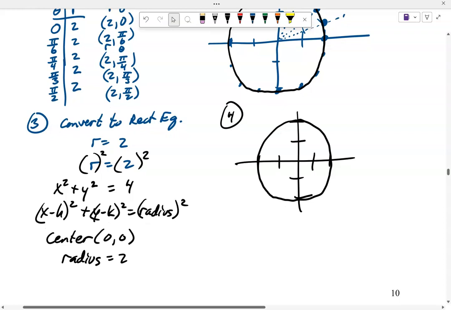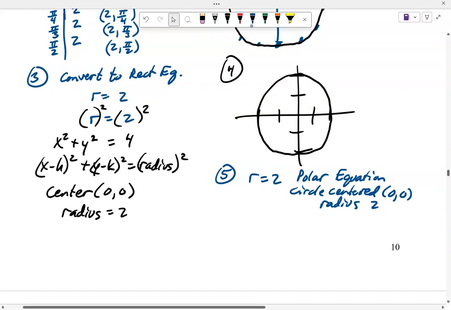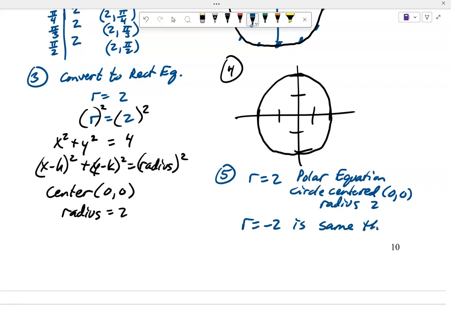And so this polar equation r equals 2 is a circle centered at (0, 0) with radius 2. Well, that's not the only one. r equals negative 2 is the same thing. That polar equation is the same thing.